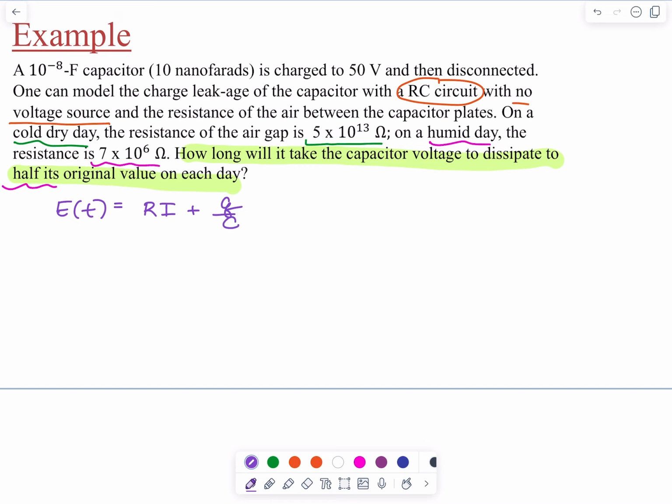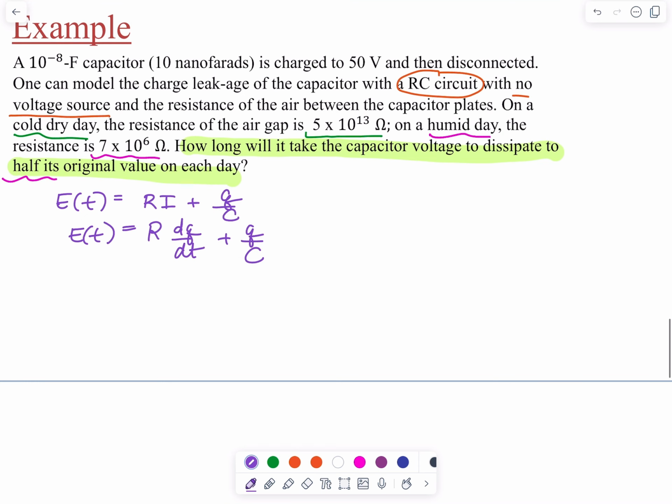So we will go ahead and replace i with dq dt, and then we have plus Q over C.